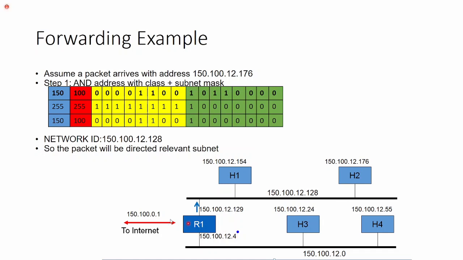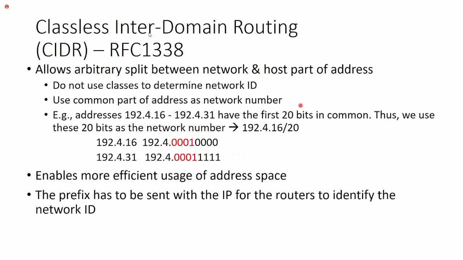So to find out whether you should go here or here, you have to do an AND operation of the IP address with the subnet mask. Subnet mask means how many network digits. So usually in an IP address, it will be shown like this. Here we are talking about classless interdomain routing, or CIDR, which I tried to explain through all this subnetting.